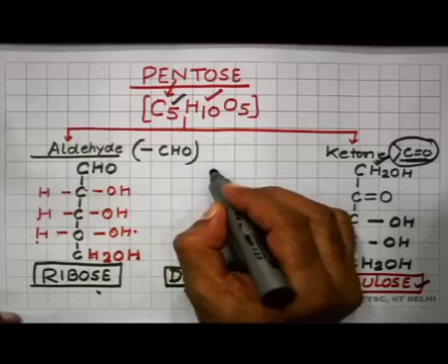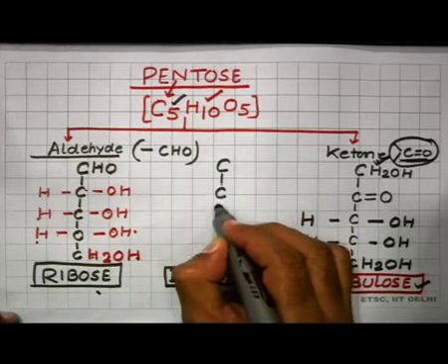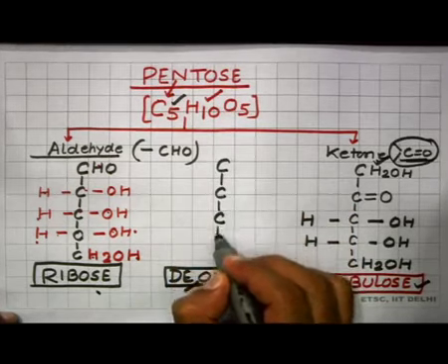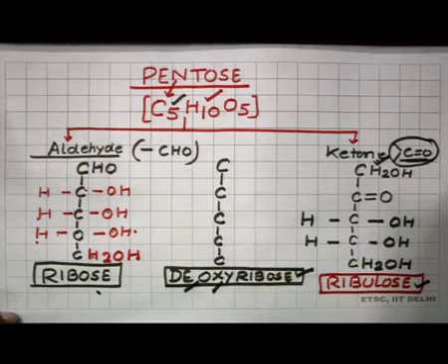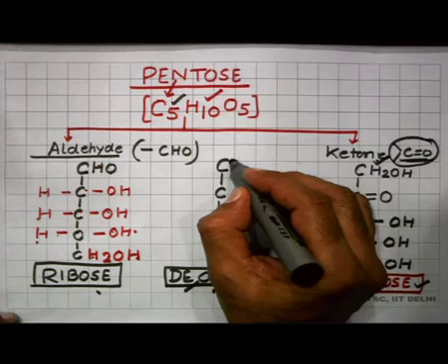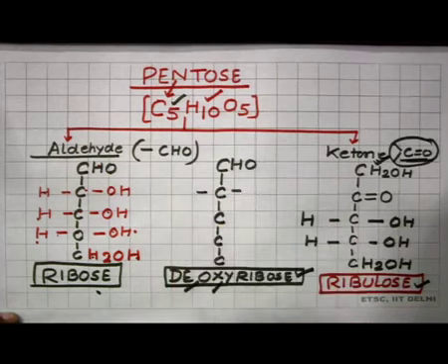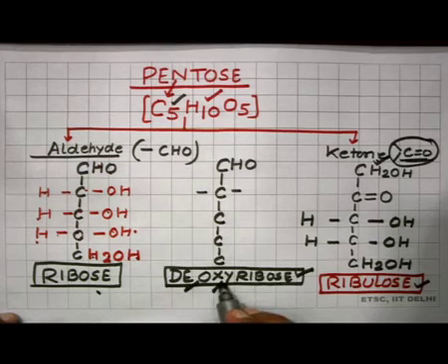Now start. Deoxyribose contains 5 carbons: 1, 2, 3, 4 and 5. It is a type of aldehyde, no doubt. So, at position 1 there is a CHO group. At the second position, we already know one oxygen is deleted from the ribose sugar.